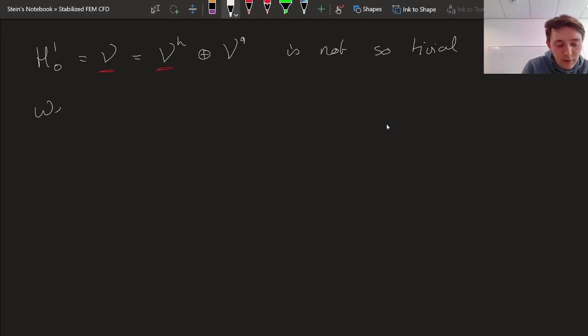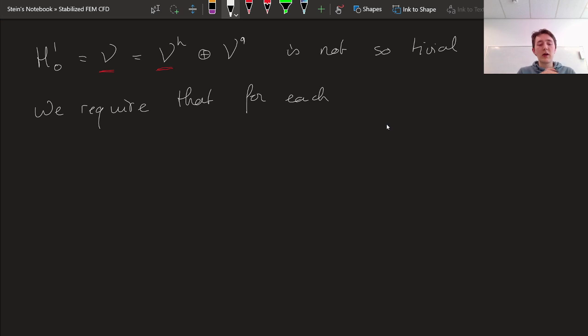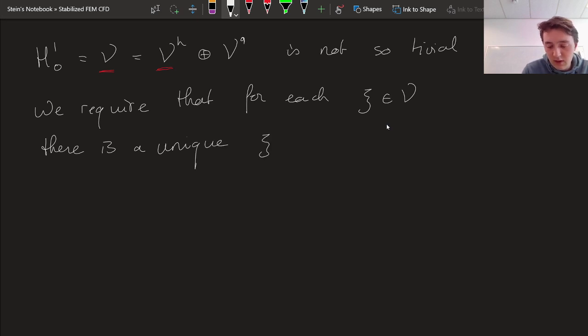So what we require is that for each and every function or entry in V, and I'll purposefully not use U here because I want to emphasize that this should not only hold for the solution to our partial differential equation, but in principle for anything that lives in V. So for each psi in V, there is a unique psi H in VH and psi prime in V prime.